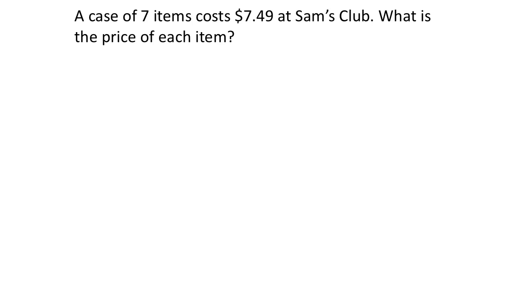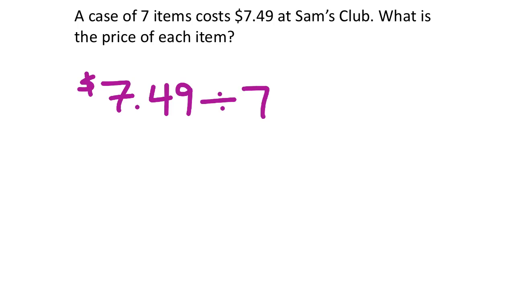That's good. So we want the price of each item, or the price for one item, right? So we're just going to take that $7.49, and we're going to divide it by 7 items. So 749 divided by 7, well, the divisor is already a whole number, so we don't need to worry about moving the decimal here.